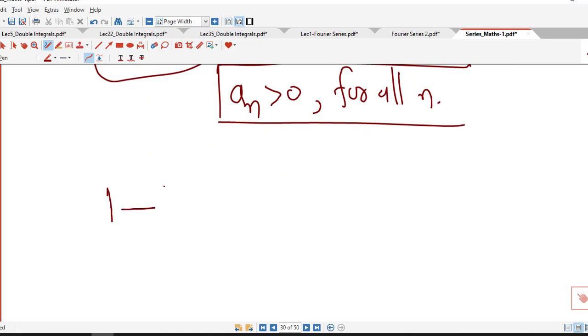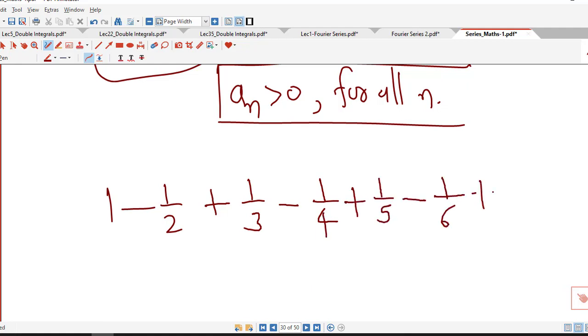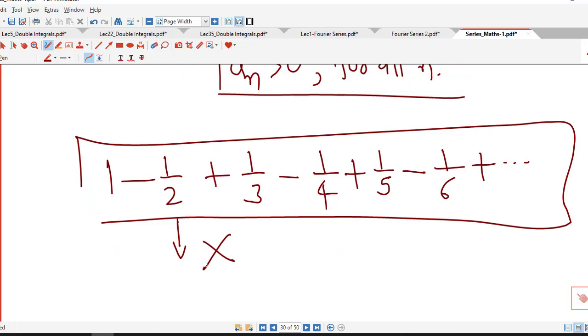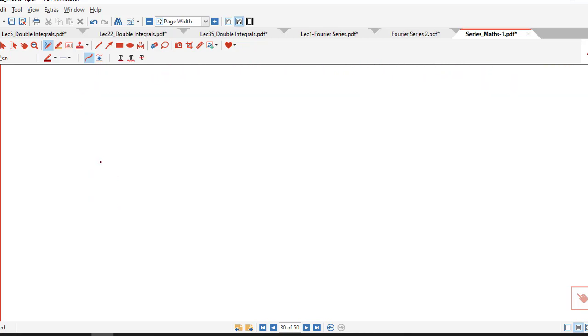For example, consider 1 minus 1 by 2 plus 1 by 3 minus 1 by 4 plus 1 by 5 minus 1 by 6 and so on. In this series there are an infinite number of negative terms, so we cannot apply the integral test to this series. A finite number of negative terms are allowed.